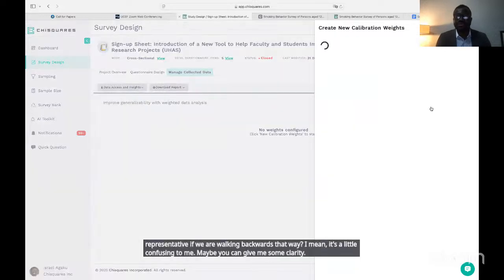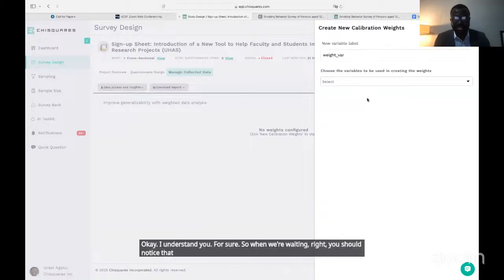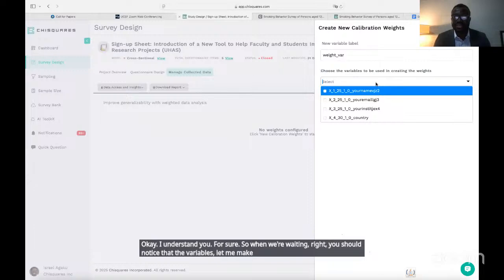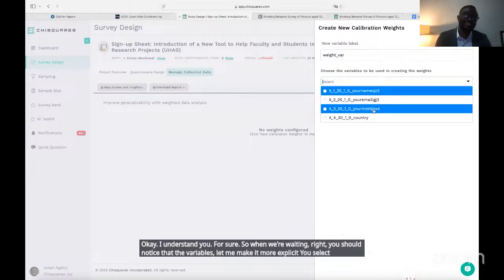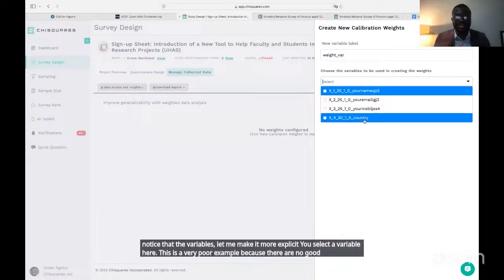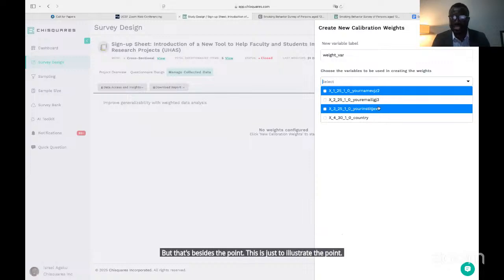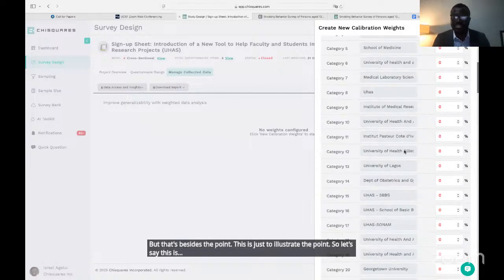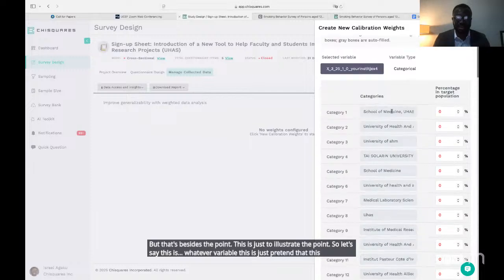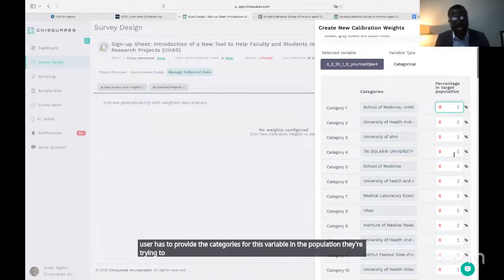Right, sure. So when we're weighting, you should notice that the variables, let me make it more explicit. You select a variable here. This is a very poor example because there are no good variables here, but that's beside the point. This is just to illustrate. Let's say this is gender. The user has to provide the categories for this variable in the population they're trying to calibrate to.